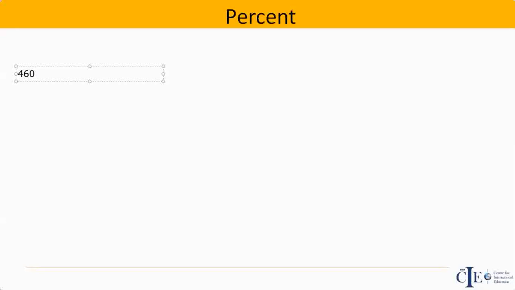Can you tell me three percentage values of 460 that you can know without any calculation? You look at the number and you know these three percentage values for every given raw number.